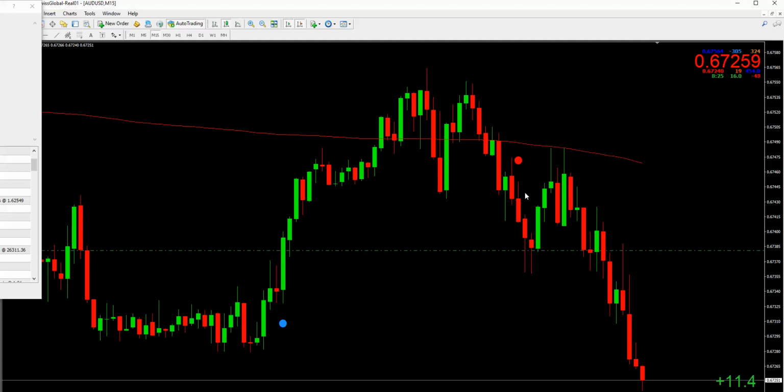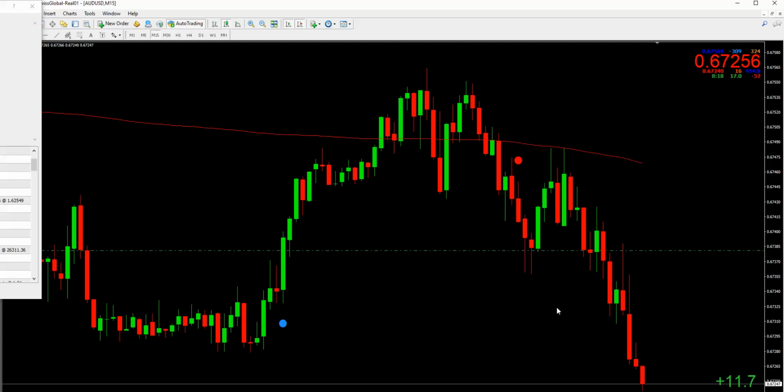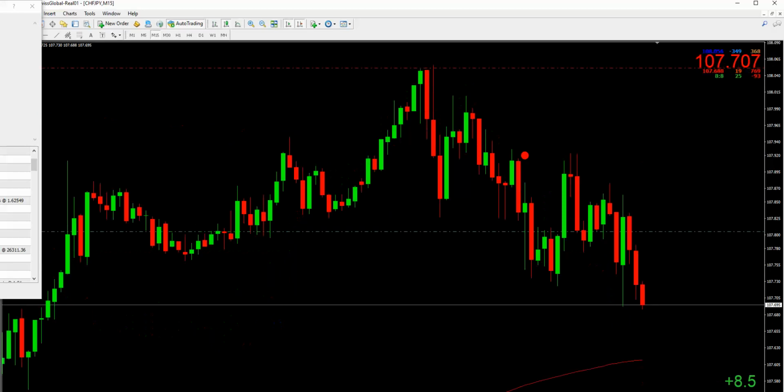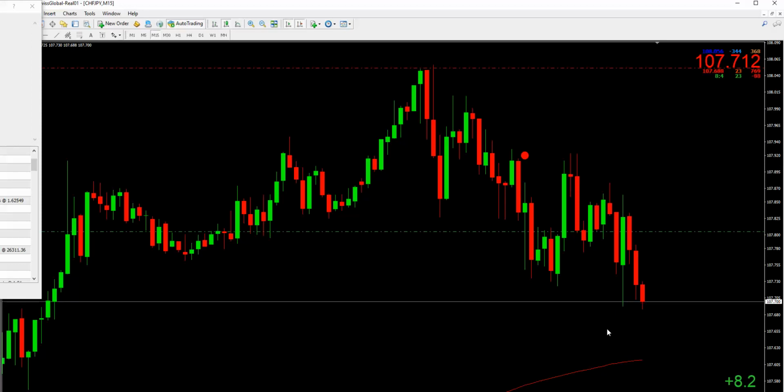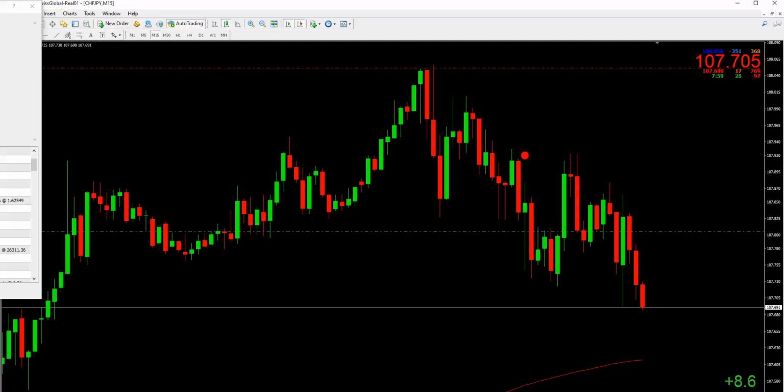The indicators were created based on my own strategy, so I know exactly how to trade this, and I do teach my students how to use the indicators and how to trade in general. These trades are going in the right direction. If I wanted 10 pips, I could have gotten my 10 pips from these two trades, and I would close the computer for the day.